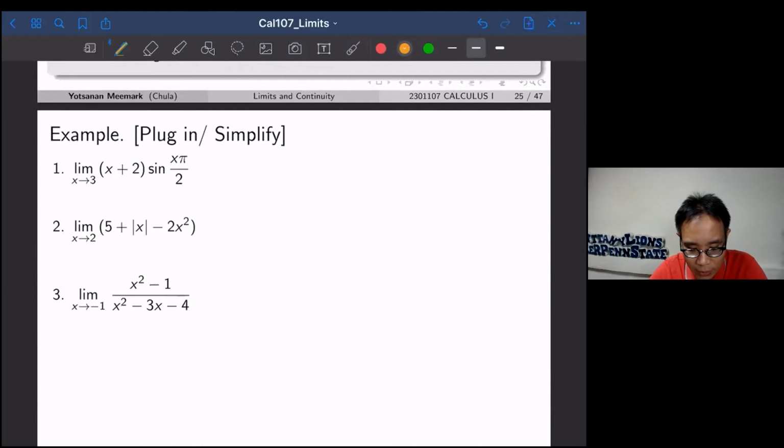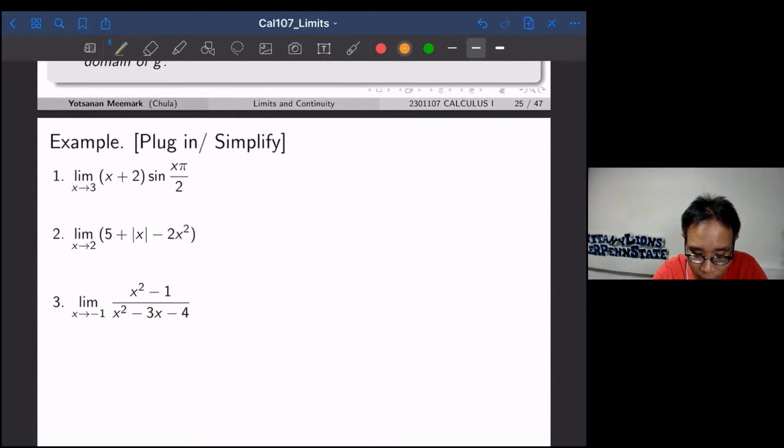You see the limit as x goes to 3 of x plus 2 sine(x pi over 2). In this case, you can just plug in x equal to 3 into the function. So it's going to be 3 plus 2 sine(3 pi over 2). You see that this can be computed, and sine(3 pi over 2) is -1.